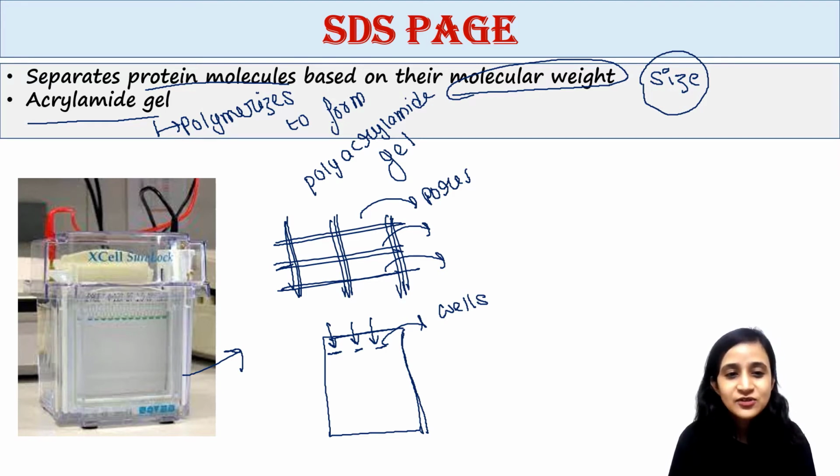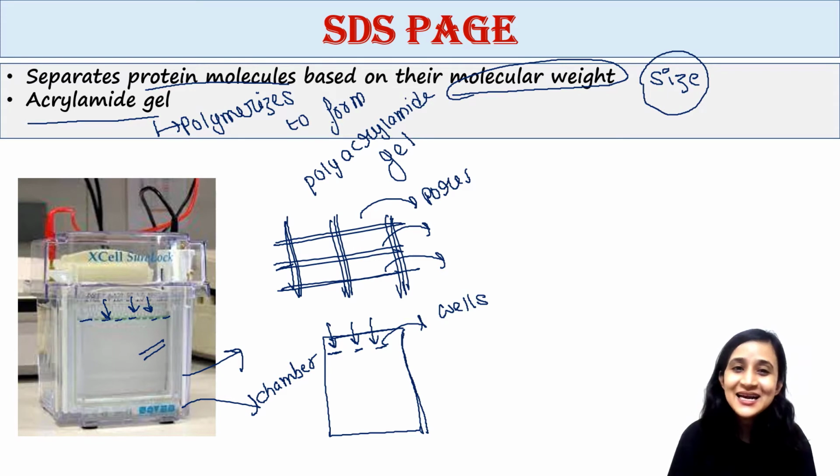Here we have the gel, and in the gel we can see some wells, and in these wells we put protein samples, and the gel is placed in an electrophoresis chamber, which is connected to the power.